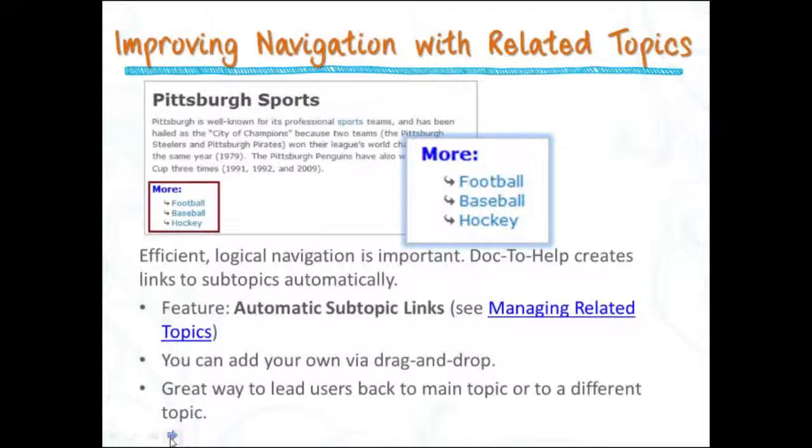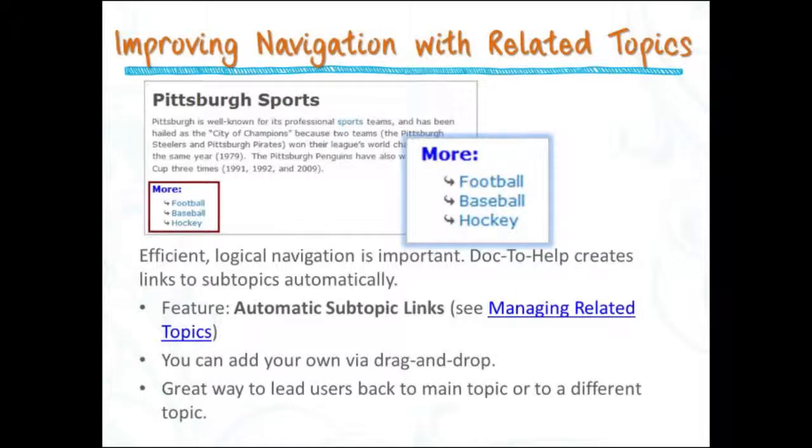So you want to keep them in your output. One thing that DocToHelp does automatically, which is on this slide, is create something we call related links. Any topic that has a subtopic will automatically get them. So this is the heading 1, we talked about this first topic before. These are all the heading 2s under it.